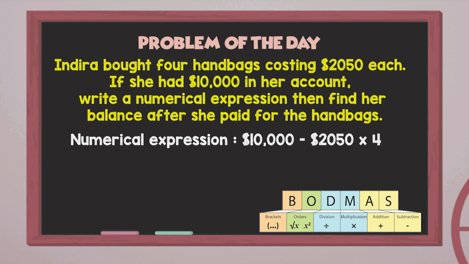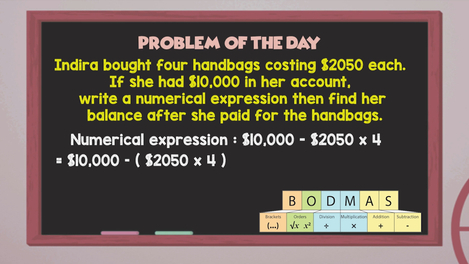We also know that she had $10,000 in her account. So the numerical expression should look like this: 10,000 minus $2,050 multiplied by 4. Do you have that? That is the first thing you had to do. You had to write a numerical expression.